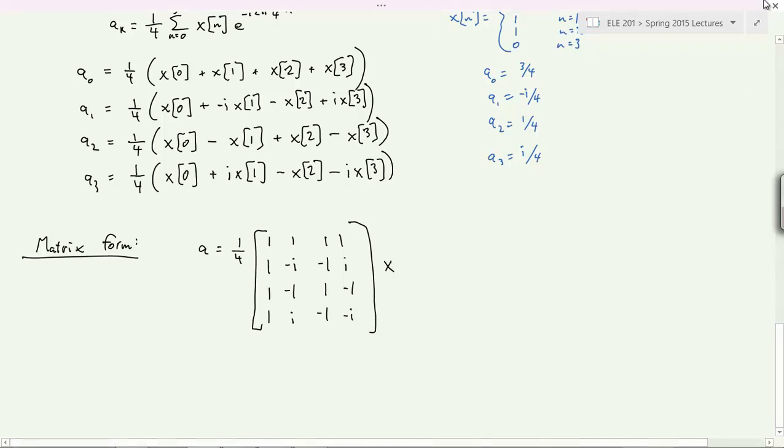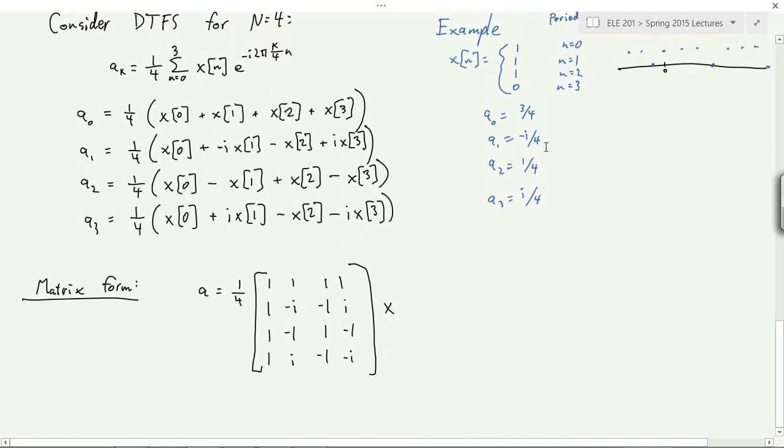So this is just a compact way of writing this set of equations right here. Right, so really, the discrete time Fourier series is just doing a matrix multiply with a square matrix.